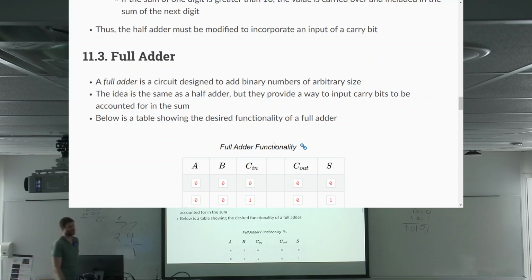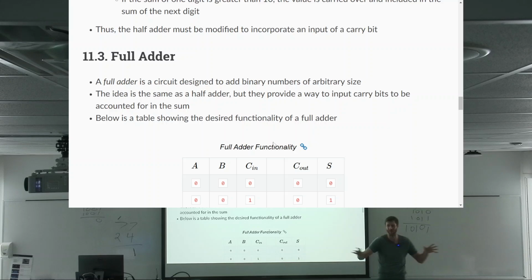A full adder is a circuit designed to add binary numbers of arbitrary size. The full adder itself, the logical unit, will only ever add 2 bits together, but we can chain them together.